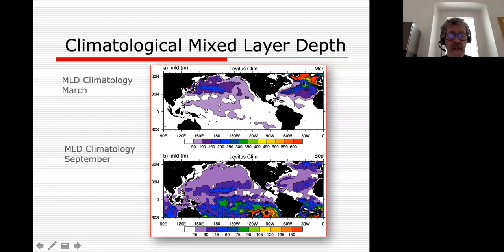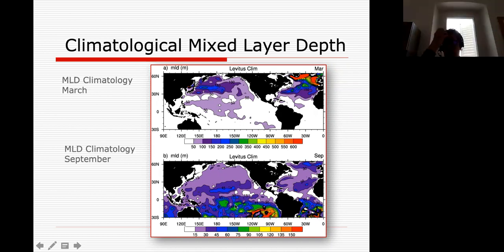So the mixed layer depth is much deeper during winter, and then the eventual deepening in September in tropical areas in the Pacific and in the Atlantic.